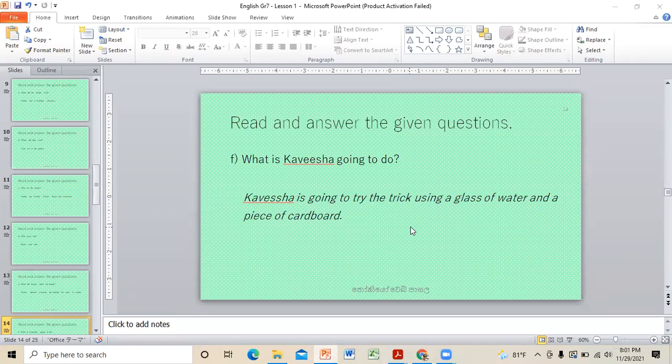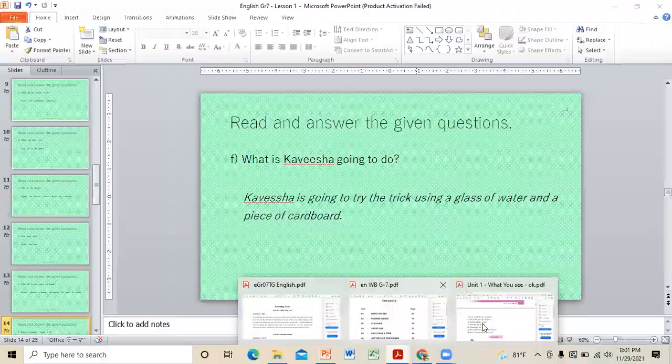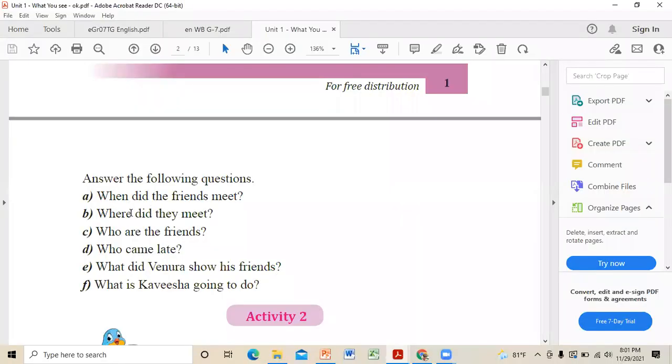So now you can see, I told you that from this activity, you are going to learn how to extract different information, right? So from these 6 questions, you were able to extract different informations at different places in the dialogue we read, right? So we learned about what is when, what is where, what is who, and what is what.